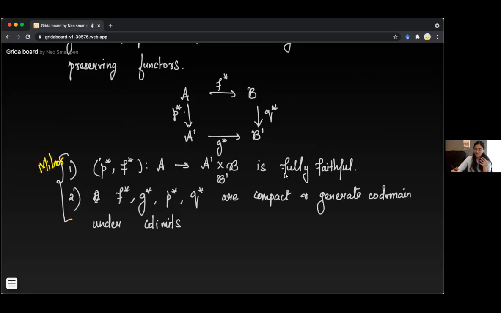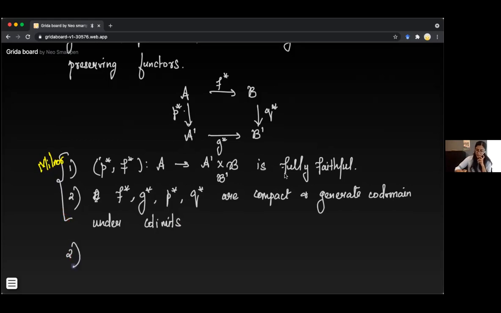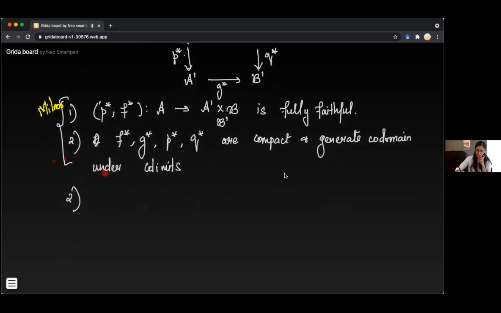And the fact that these generate their codomain under colimits follows from the fact that you have a map of affine rings, and also that one of the maps is actually surjective. And then the third independence condition can be reframed as a base change property.